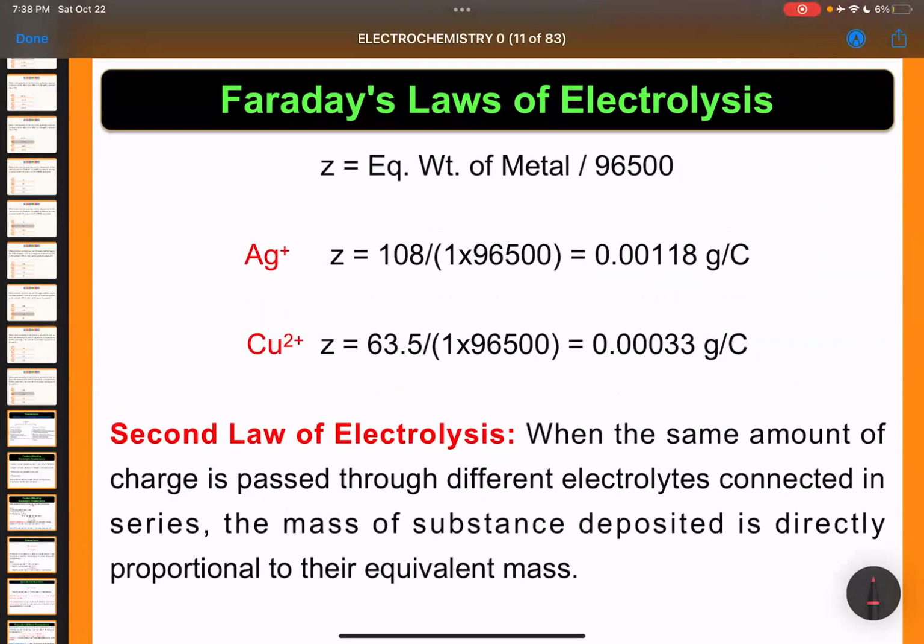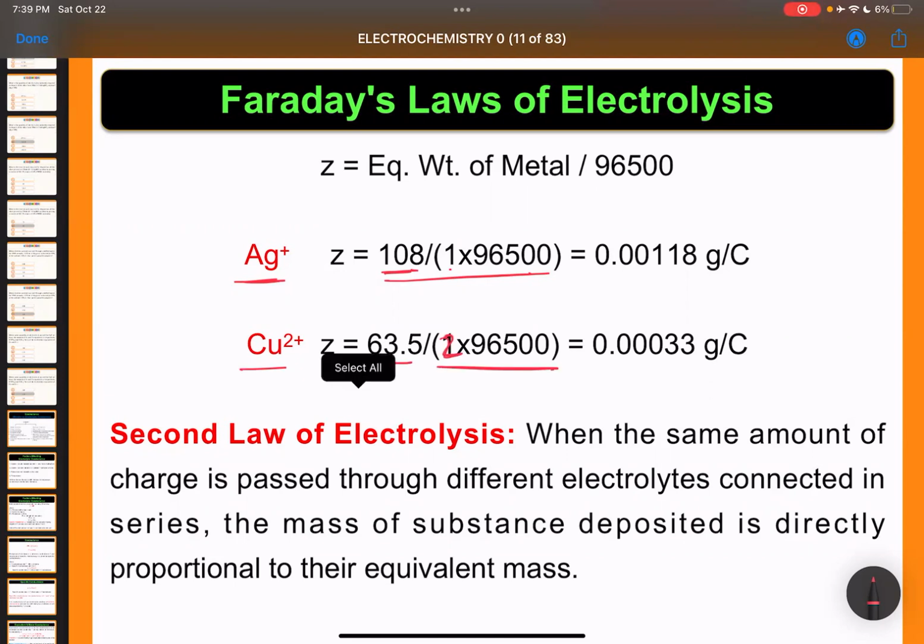So this is the way in which you can do it. Suppose you are taking AgNO3, it is Ag plus. Equivalent weight is molecular weight 108 divided by 1 into F. Copper 2 is 63.5 into 2 into F. Clear?